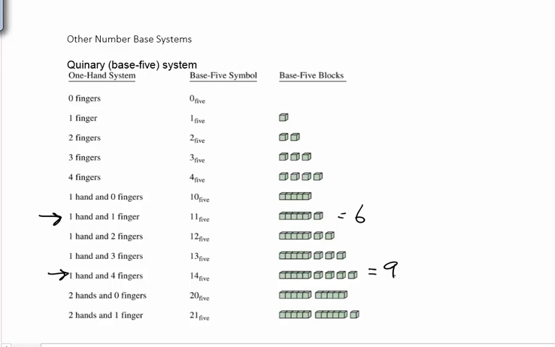So let's take a look at a number. Okay, so let's take something like 11244 in base 5, and let's translate that to something that we would understand as base 10.